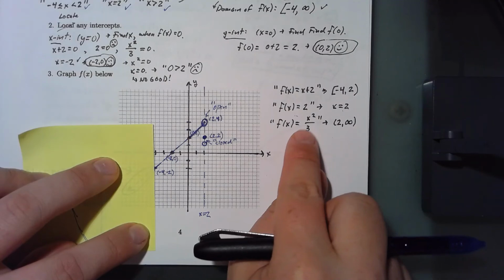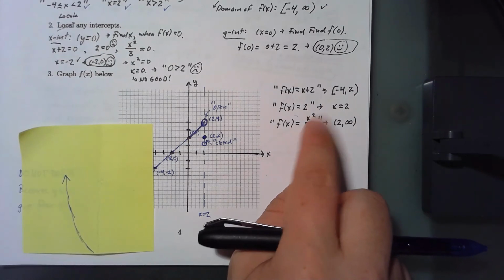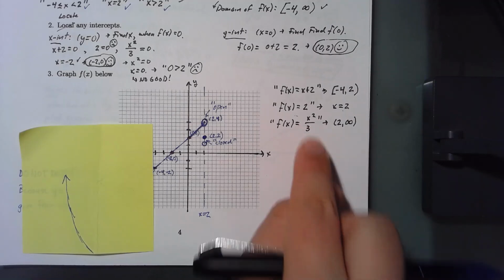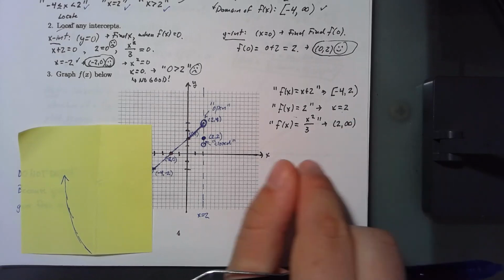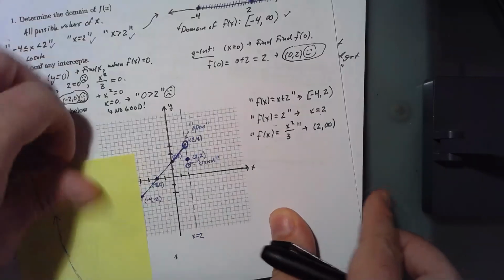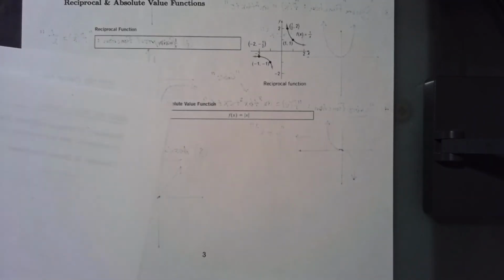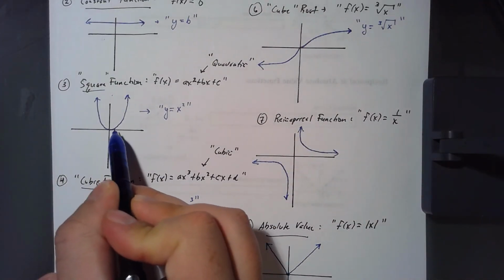And this, as we already know, is a square function, x squared, but it doesn't look exactly like x squared. It's divided by 3. That's okay. It still has this basic shape to it. The square function still has this basic shape to it. It just looks a little different because it's divided by 3.